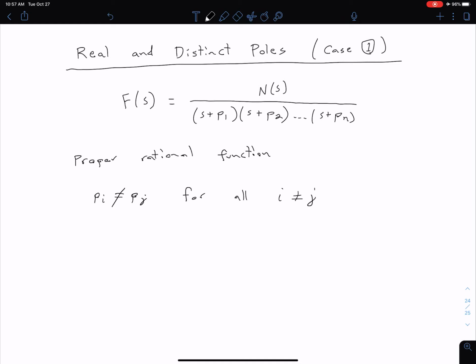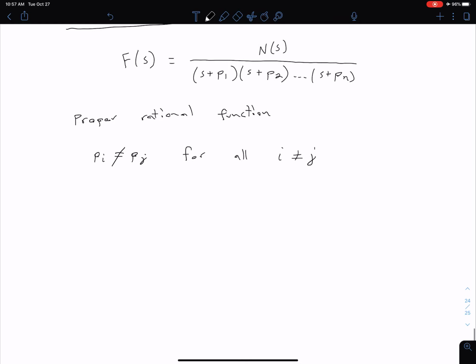If that's the case, we know that we can rewrite this as F of s equals k1 over s plus p1, plus k2 over s plus p2, plus dot dot dot, all the way until we get to the last one, which is k sub n over s plus pn.